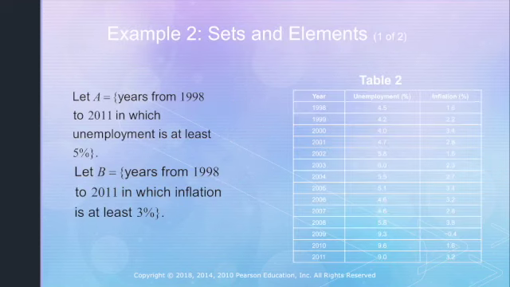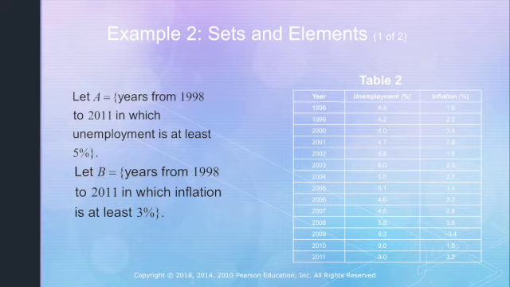So let's take a look at these two sets. Let set A be the years from 1998 to 2011 in which unemployment is at least 5%. And let B be the years from 1998 to 2011 in which inflation is at least 3%.